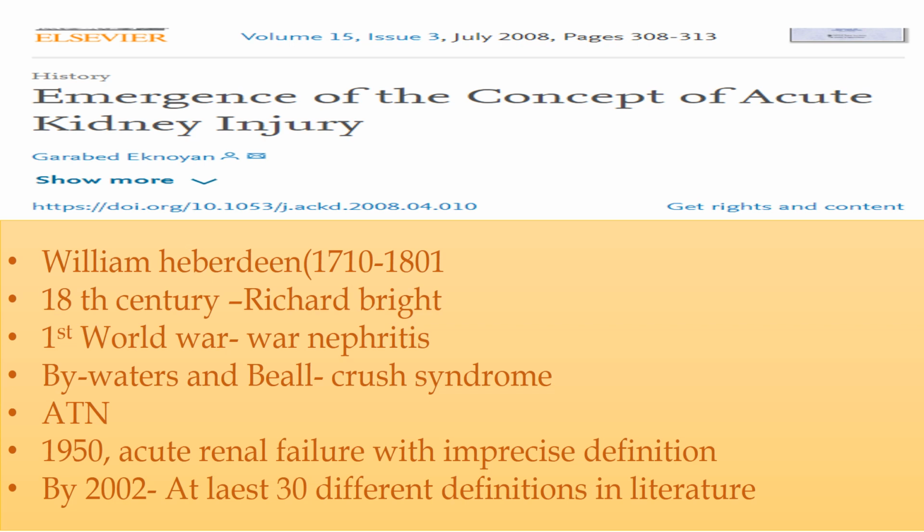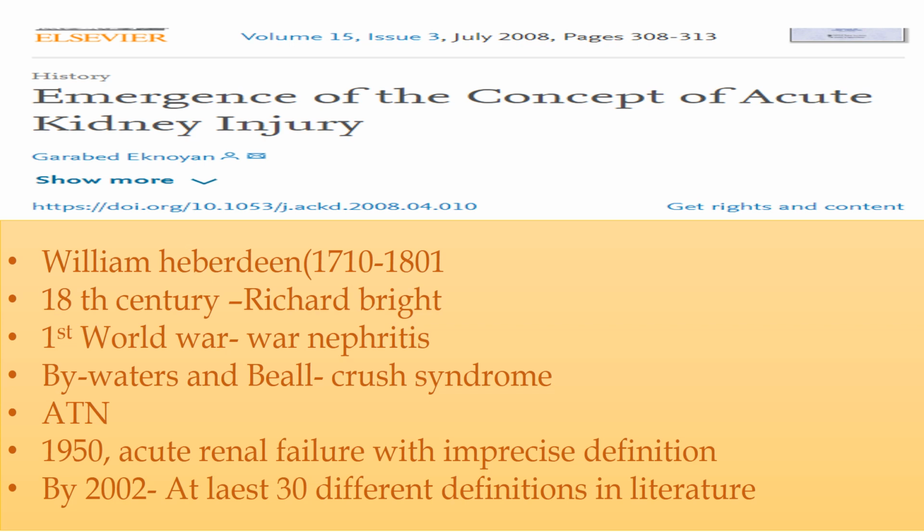And for quite a while, acute tubular necrosis was used interchangeably with renal failure. By 1950, a physician had coined the term acute renal failure.